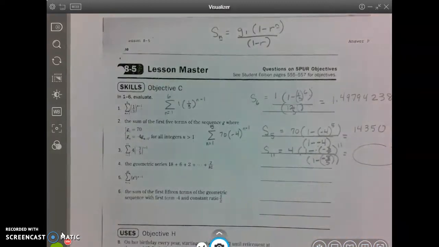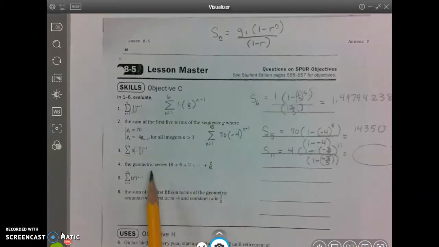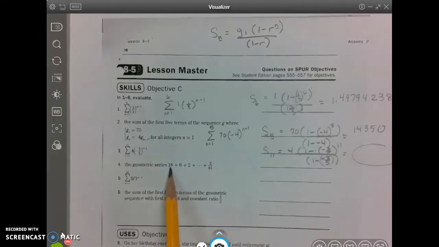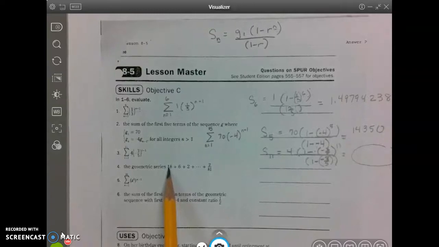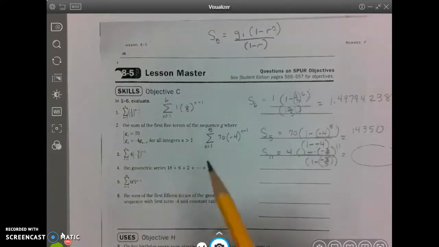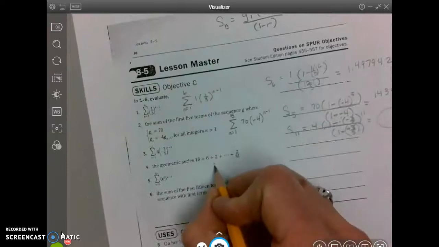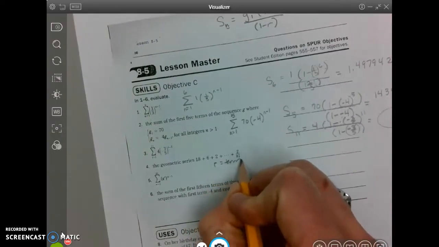Let's go on to our next one, the geometric series, and they give us these terms. So we've got to figure out, first of all, what the formula is and how many terms there are even in between here. So we know that our first term is 18. To figure out our constant ratio, we can simply take, remember, ratio is term divided by previous term.